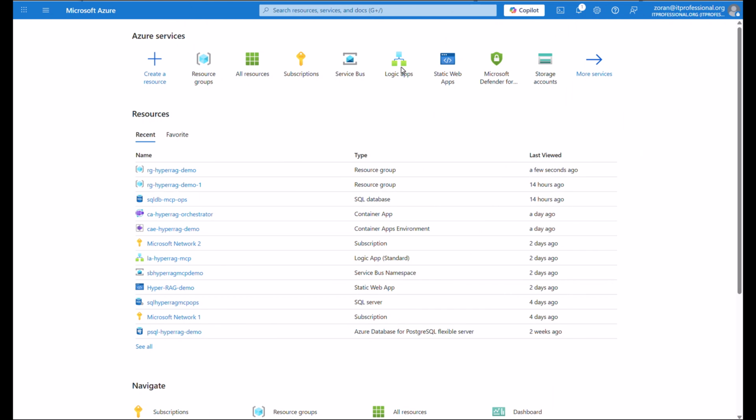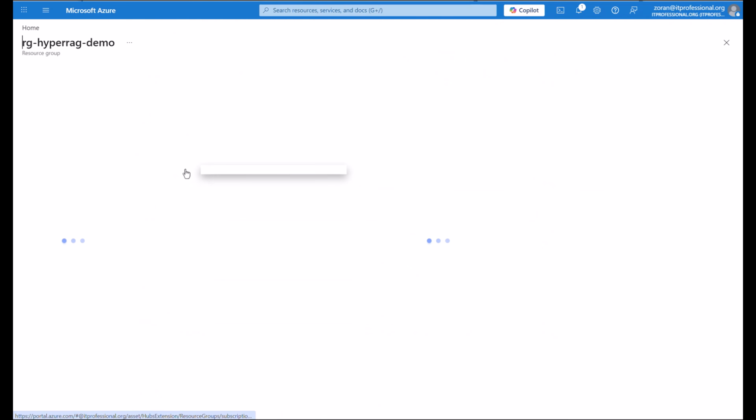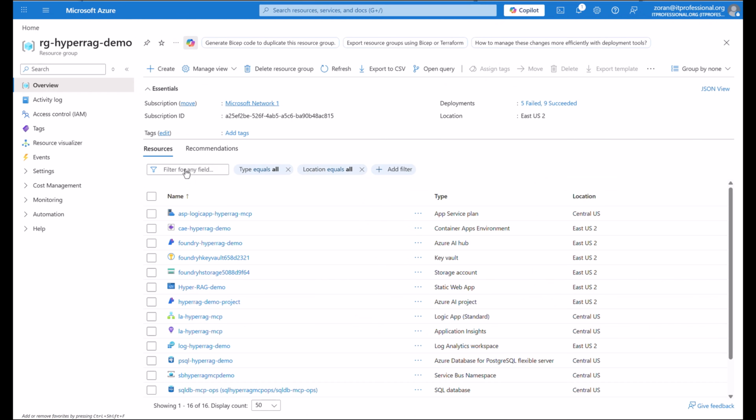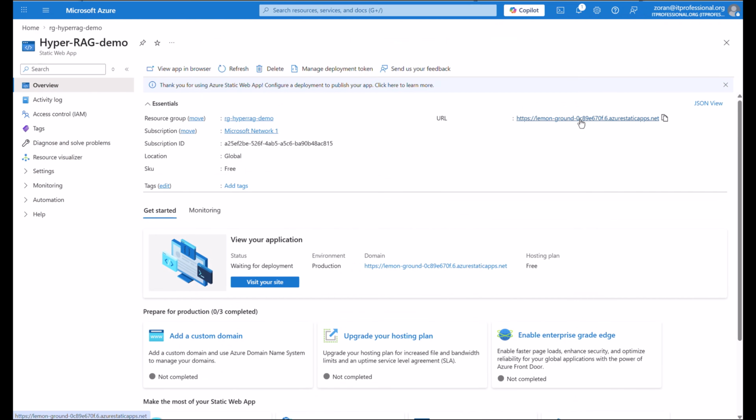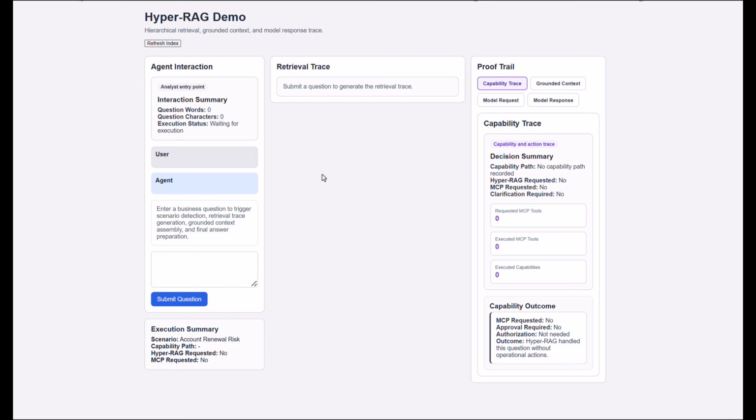And now I will open the UI and walk through a few questions step by step. In this part, I want to focus on how the system responds and how it brings in Hyper-RAG, MCP, or both together when needed. So, we are not only looking at the final answer, we are also looking at the path behind it: when the system stays in grounded understanding, when it moves into action, and when it introduces approval before execution.